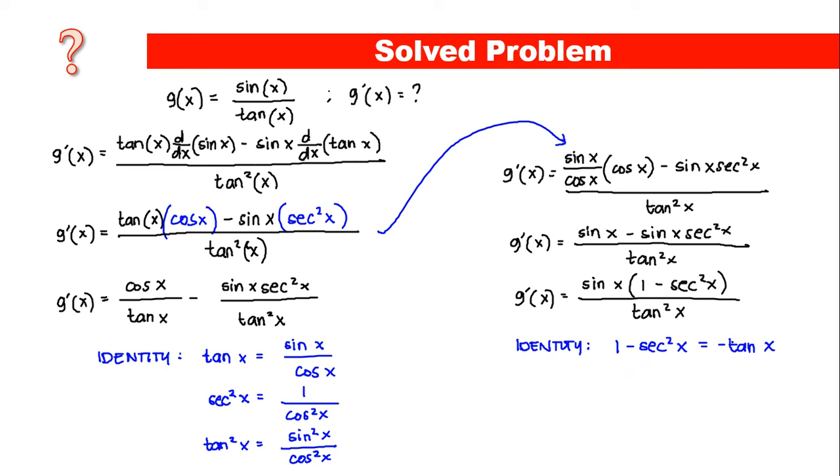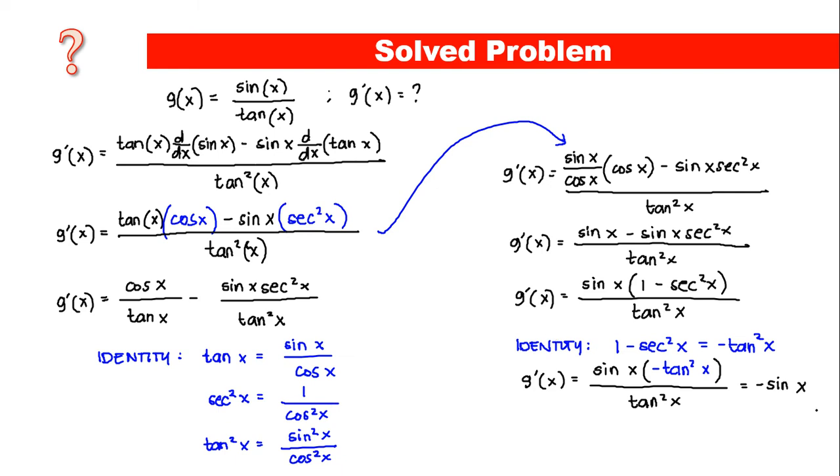So, yung 1 plus tangent squared ng x equal sa secant squared. So, ganun din to. So, now, yung ating g prime of x will now become equal to sine of x times negative tangent squared ng x. So, pinalitan lang natin ang identity, no? All over tangent squared ng x. And actually, this will become equal to negative sine ng x. So, pinakasagot pala natin dyan actually is negative sine of x.